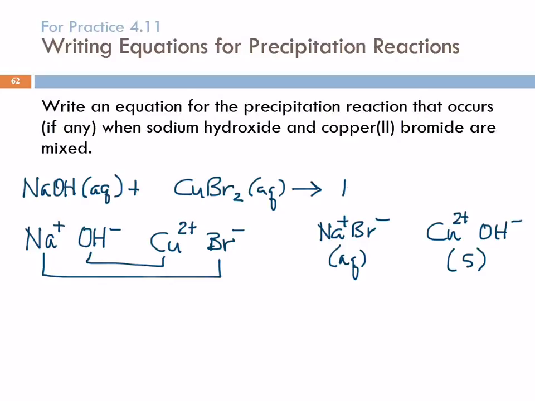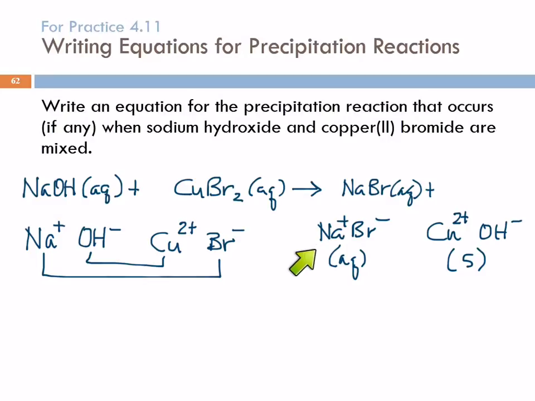Okay, so put them together, the sodium and the bromide, and that's aqueous. I'm writing this formula based on the relative charges. I've got 1+. Down here, this is not part of your answer, but this is part of showing your work. And I really think you should do this because otherwise you're going to make a lot of mistakes.